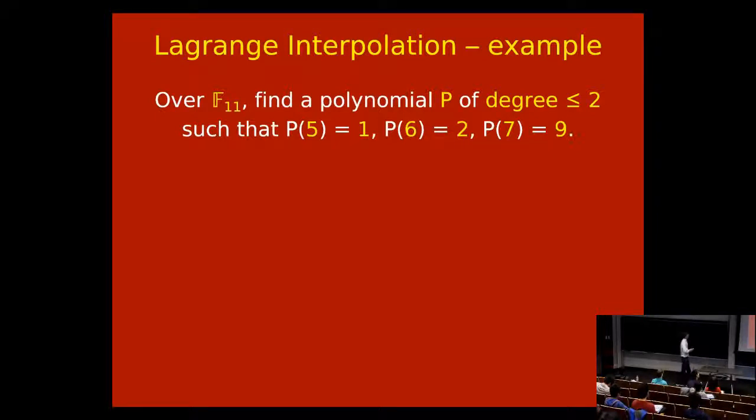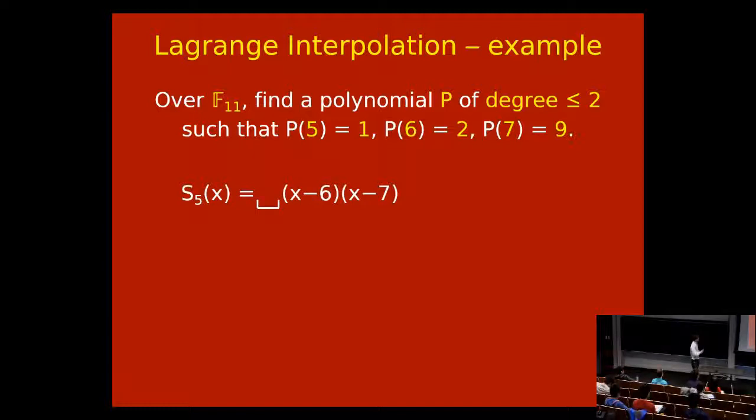In the interest of time, I'm not going to go through this example very carefully. You can look at the slides afterwards to see the example. So here d is 2. The field is F11. I want a polynomial p of degree at most 2 that has values 1 at 5, 2 at 6, 9 at 7. So I literally just do the polynomial.